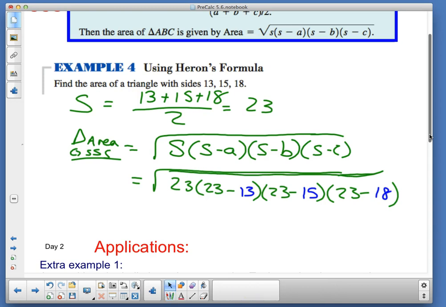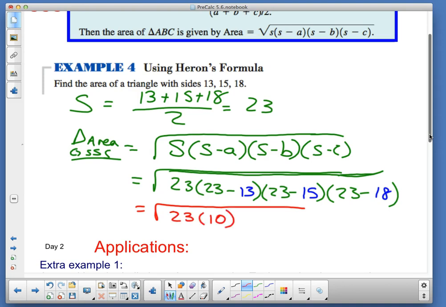So eventually, all I'm going to do, I've got 23 times 10 times 8 times 5. Because that's the difference of my semi-perimeter in my original side lengths. Once I get that done, I can see from there. I should be coming up with 9,200. One would only hope. And it's 95.917 units.